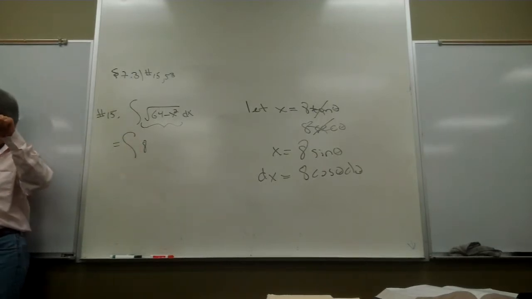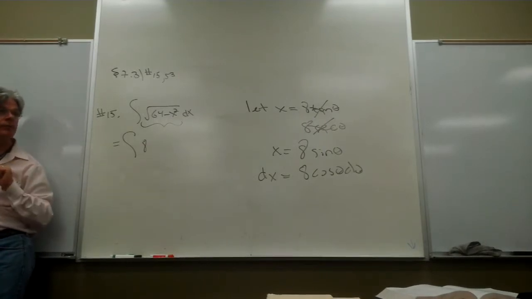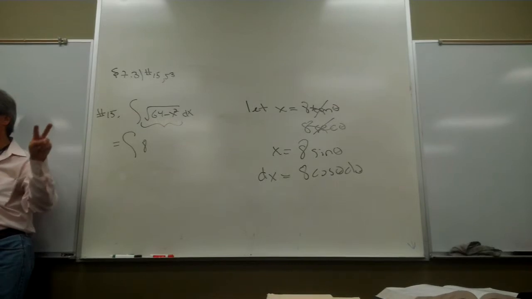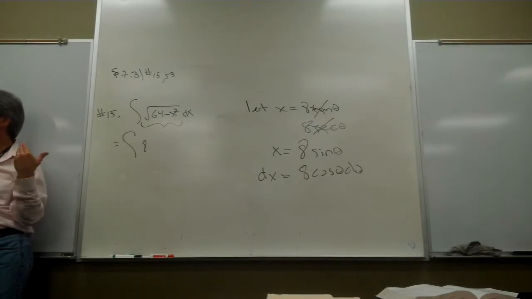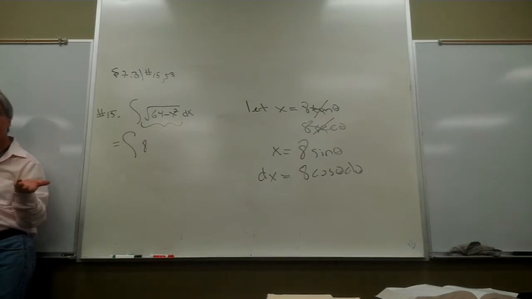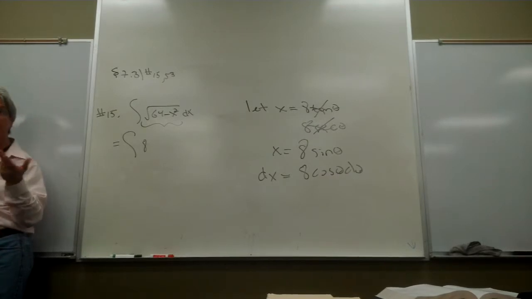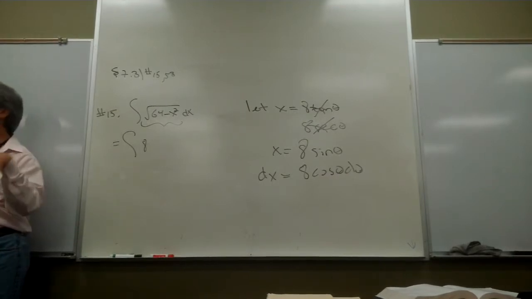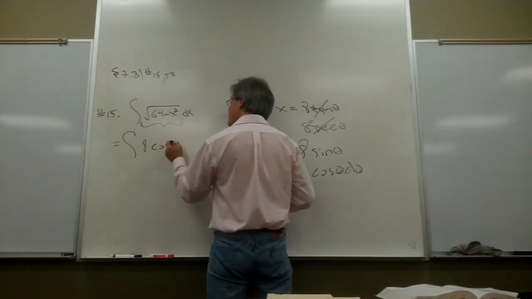What's left over that I had not written is the square root of 1 minus sine squared of theta. But that's the same thing as square root of, instead of two terms, one term, namely cosine squared of theta. But the square root of cosine squared of theta is merely cosine of theta. I'm nervous. It should be absolute values, but I discussed why we don't need the absolute values yesterday in class. I'll do it again if you like. And so I guess I've got my cosine of theta, d theta.